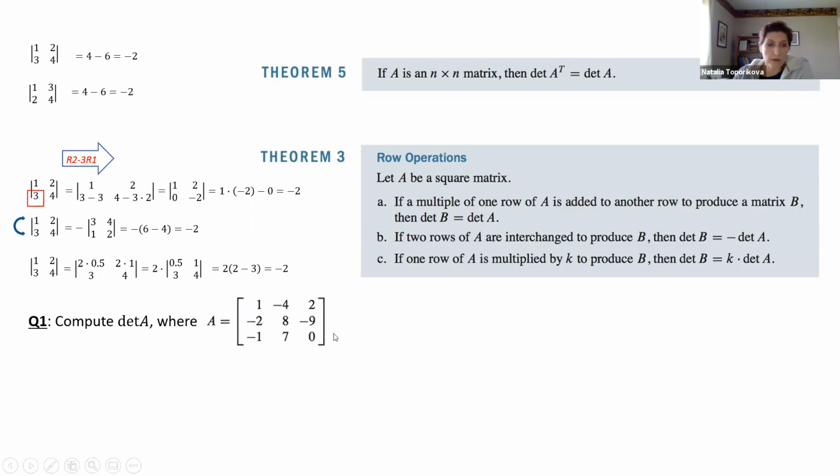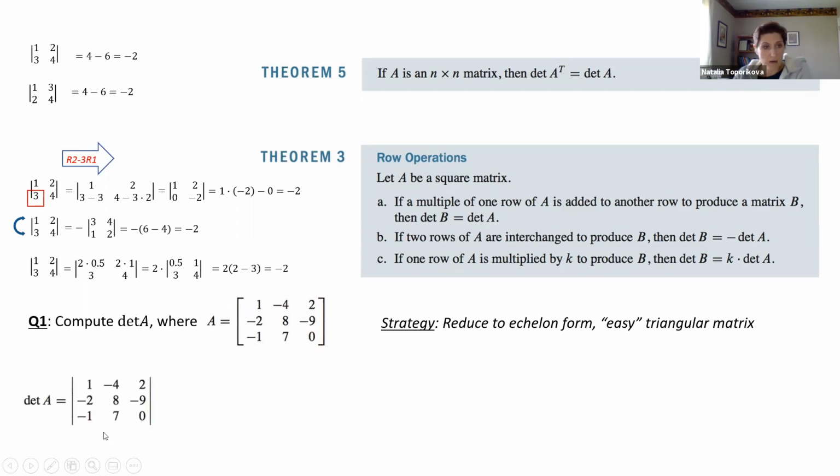Instead of reducing to 3 2 by 2 matrices, we will try to reduce it to a triangular matrix and just calculate its determinant this way. Hopefully this matrix will be easy and we can just multiply the diagonal elements.